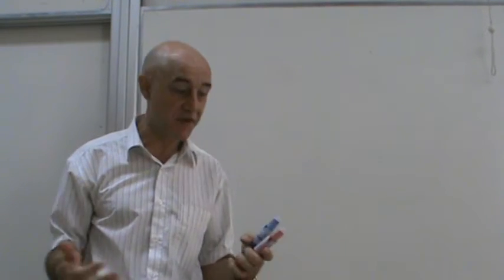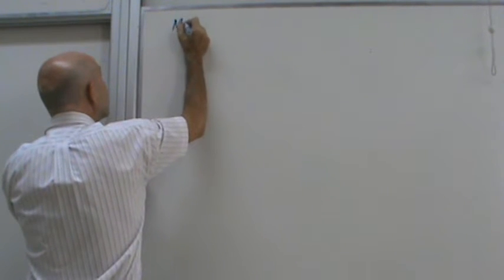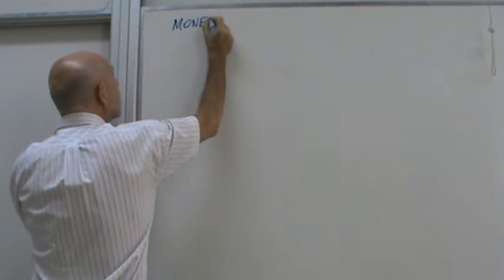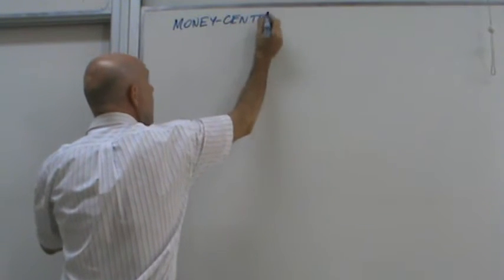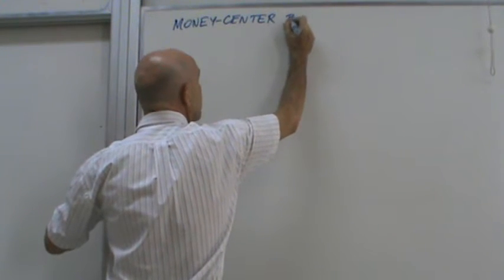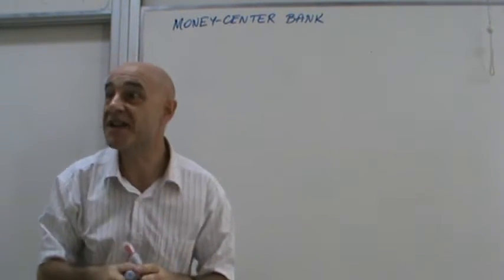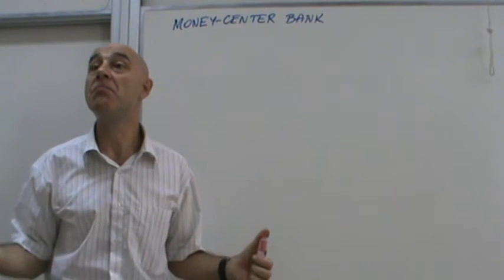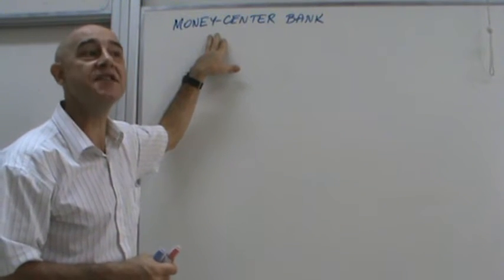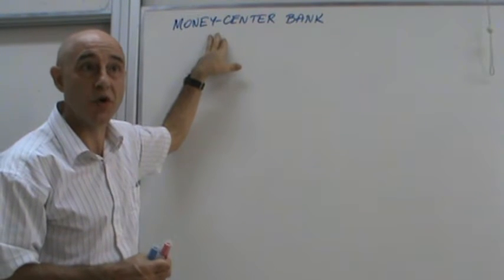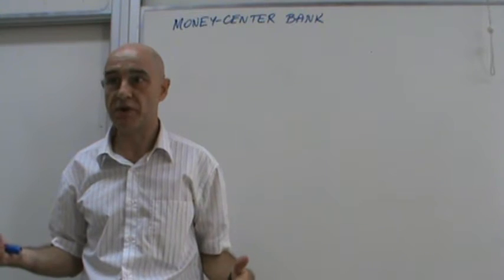And the biggest type of commercial bank is called a money center bank. Money center banks are huge. They're monsters. They are some of the biggest banks in the world, okay? A lot of money revolves around them, okay?